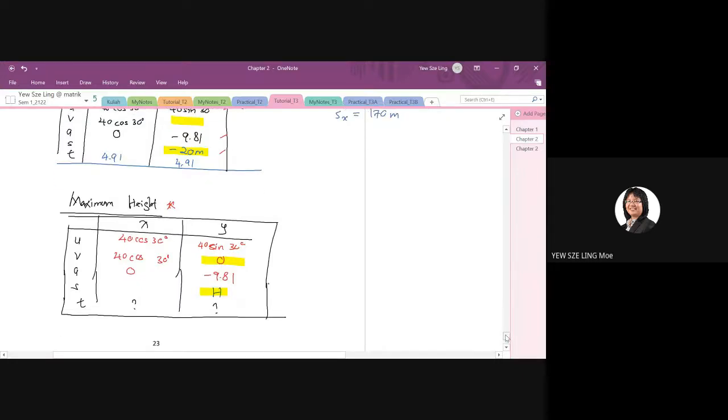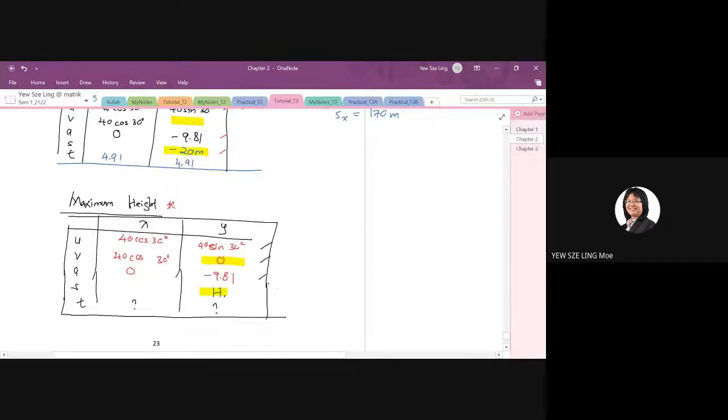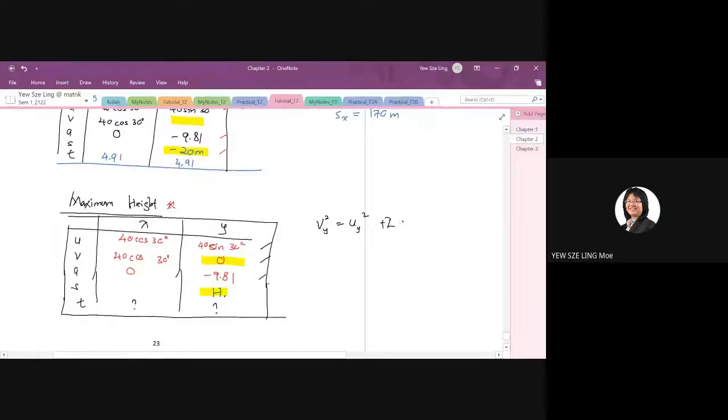So the question is asking for maximum height. If you look at the table, you want to find h, which belongs to a vertical component. Therefore, we have u, v, a, and we want to find s. So again, v squared equals u squared, uy, plus 2ay sy.